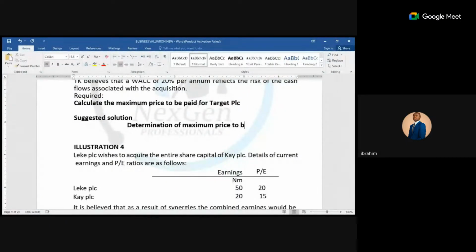Maximum price for targets by considering all cash flow that will arise from the acquisition of targets.